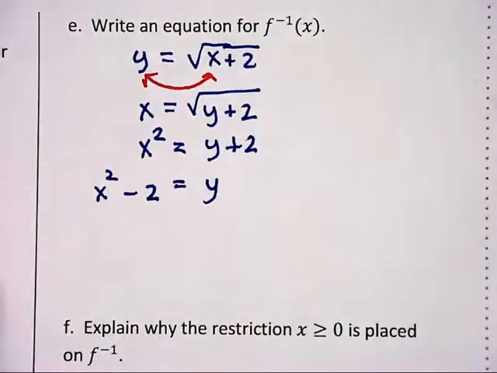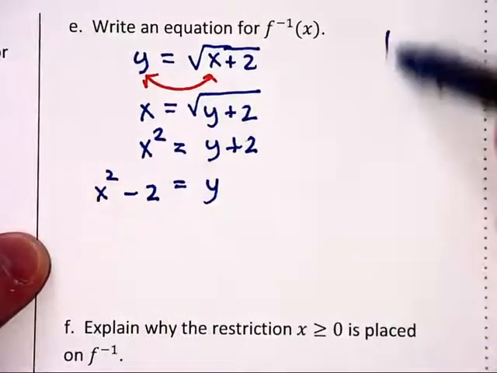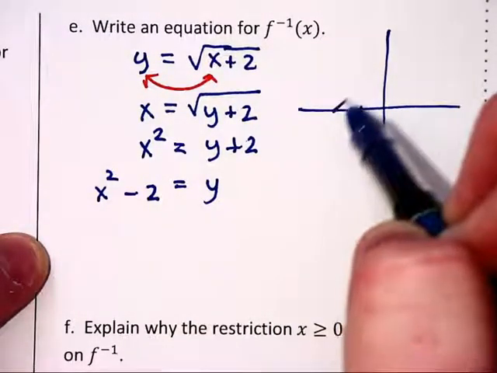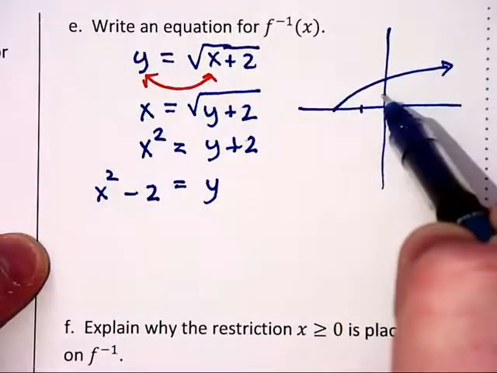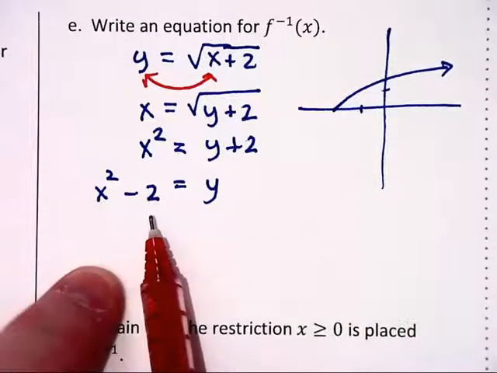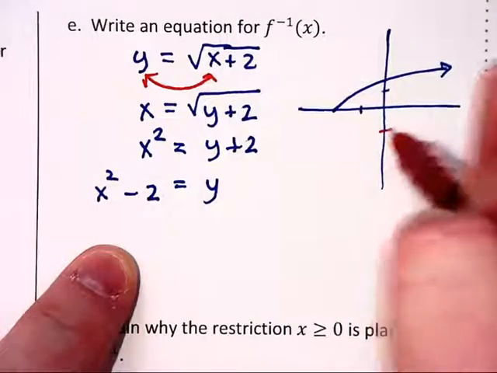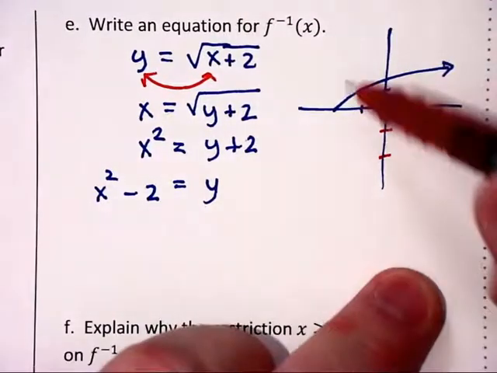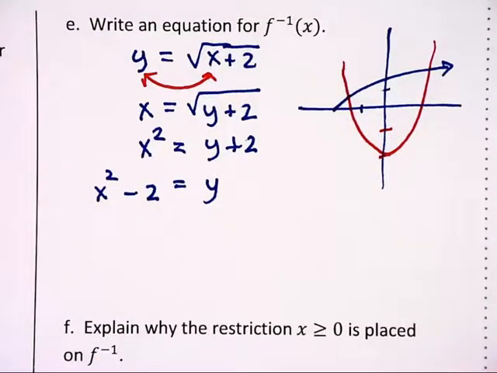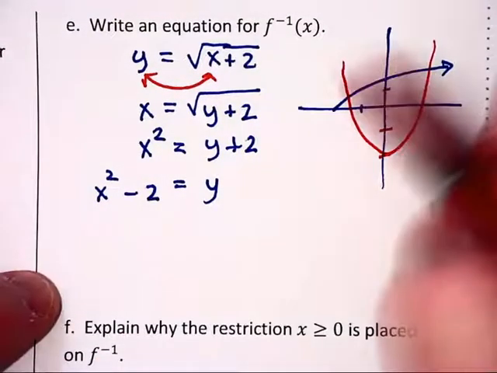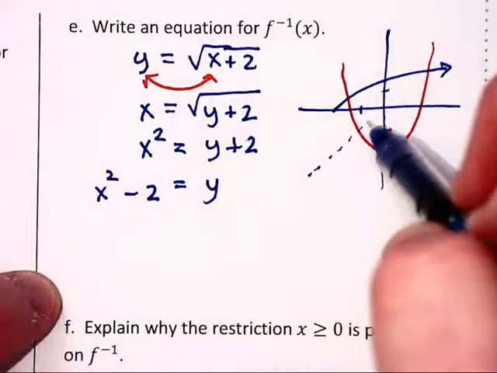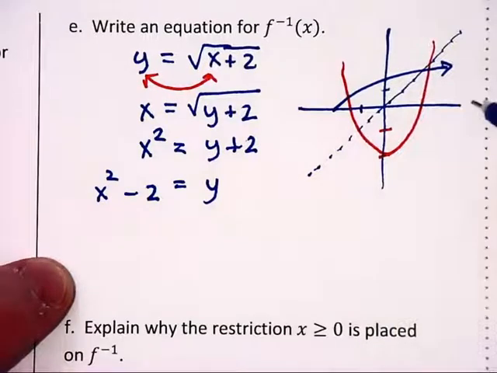Now let's think about this for a second. Here was our original graph, starting 2 units to the left and going up and over like that. Now we have this right here, which is a parabola, which pretty much does not look like the inverse of that original function. These two are supposed to be reflections across the diagonal line y is equal to x.